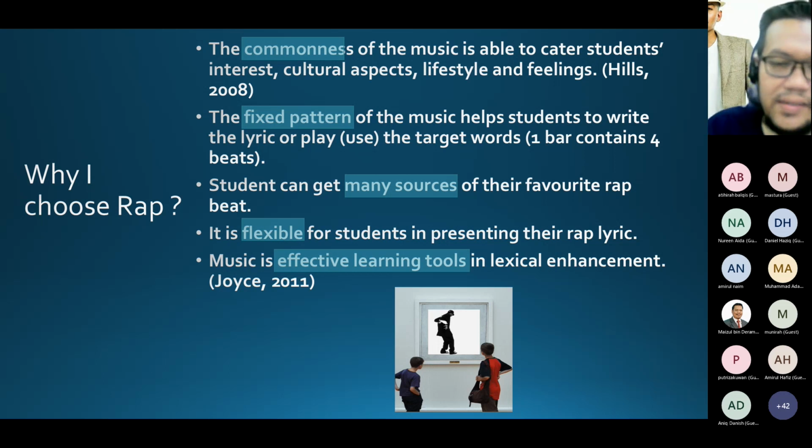And then the sources that you can get. Basically you can just get the music, ataupun the beat, kita panggil rap beat, of course from YouTube. There are plenty, terlalu banyak rap beat yang sama ada yang kena bayar ataupun memang free of charge.